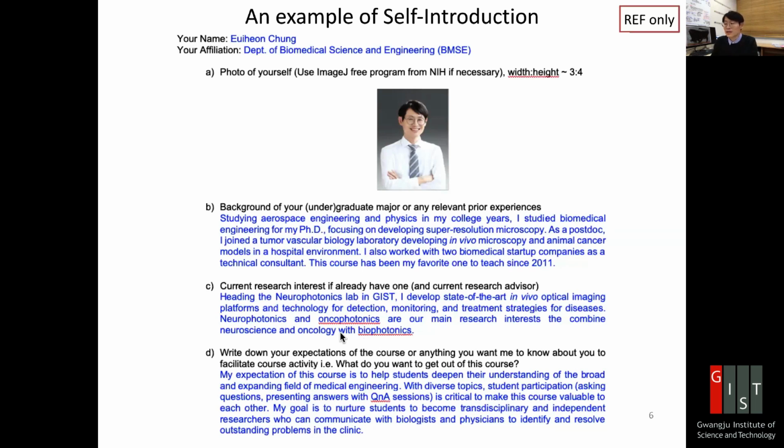So my expectation for this course, about what I want to get out of teaching it, is to help you deepen your understanding of this broad and fast-growing field of medical engineering.